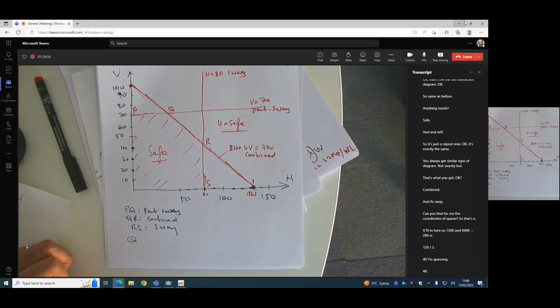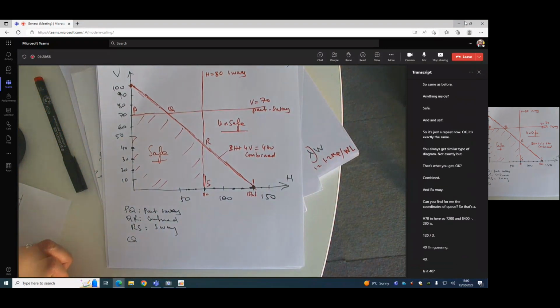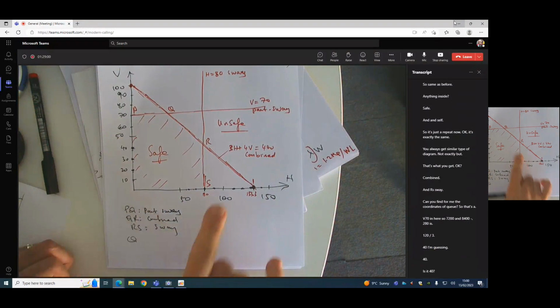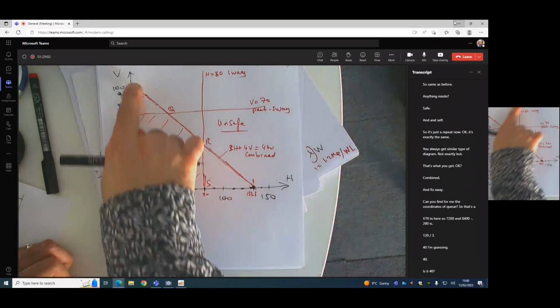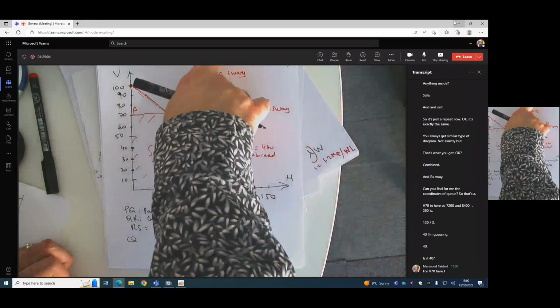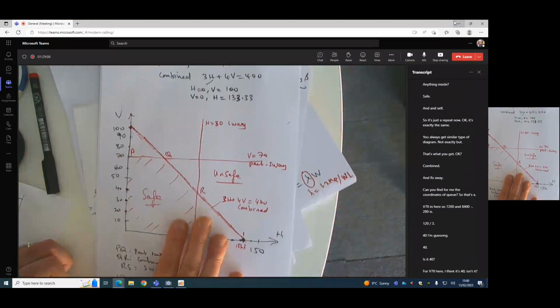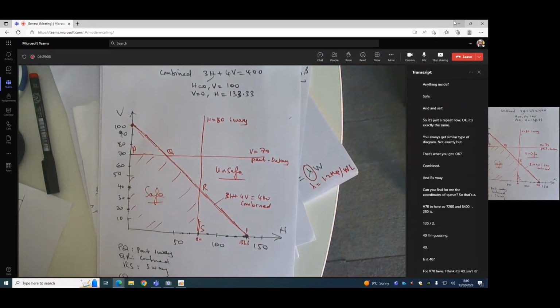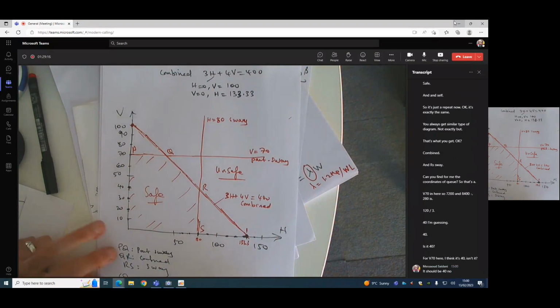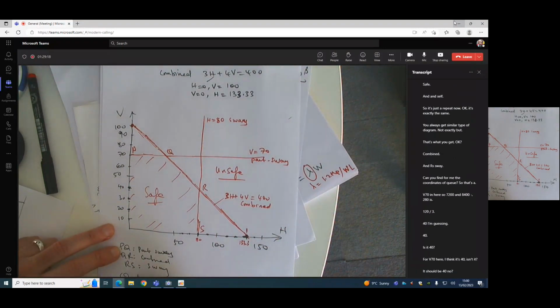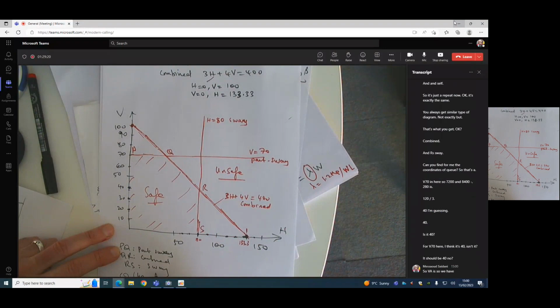Is it 40? For V70 here, I think it's 40, isn't it? It should be 40. No? So V is, so we have 40 and 70.